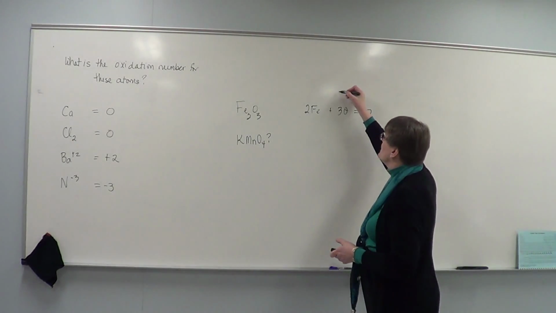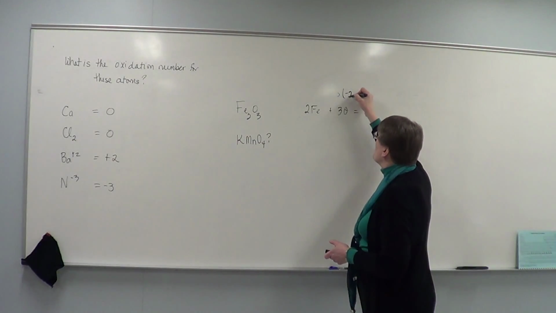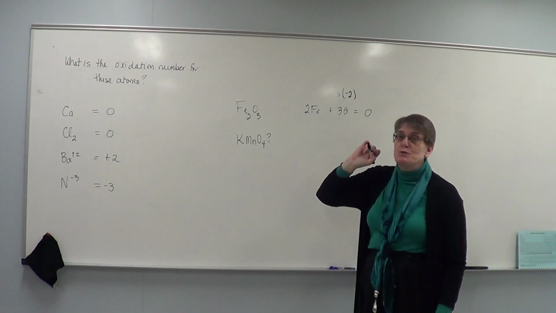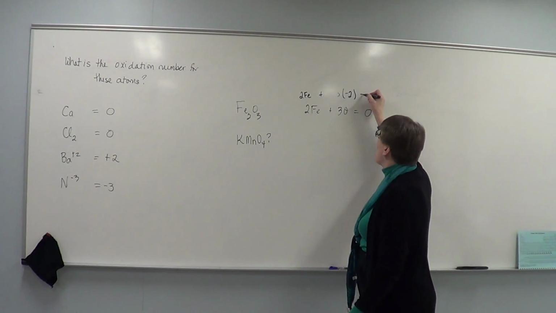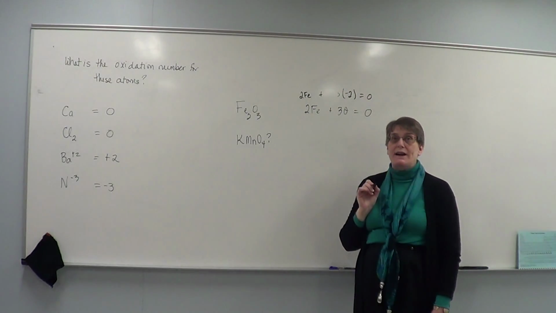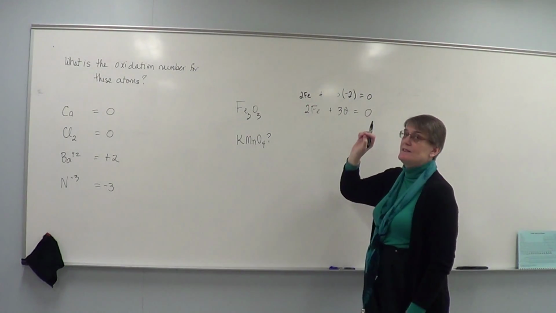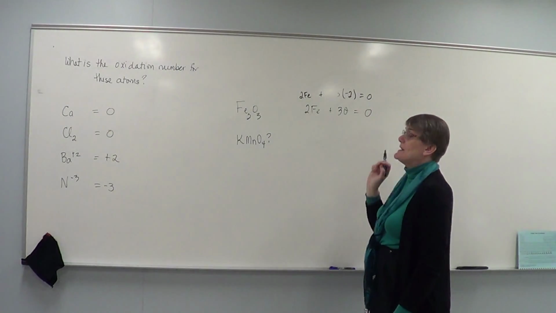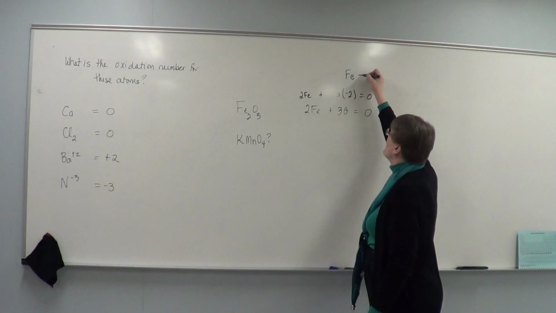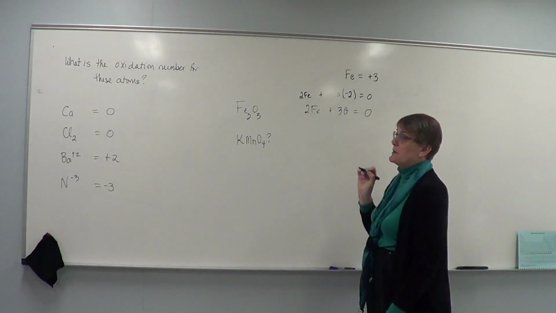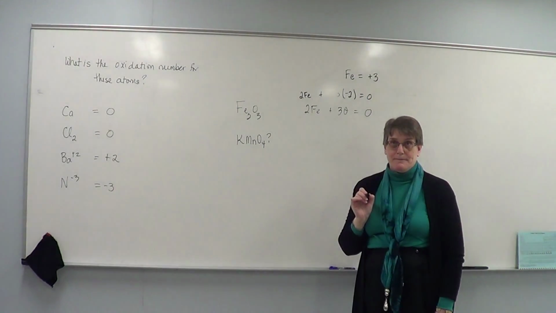Well, I have oxygen here, so I'm going to assume it's its usual -2. And now I have an equation with one unknown. 2 times the oxidation number of iron plus 3 times -2 equals 0. And this means iron has to have an oxidation number of +3.